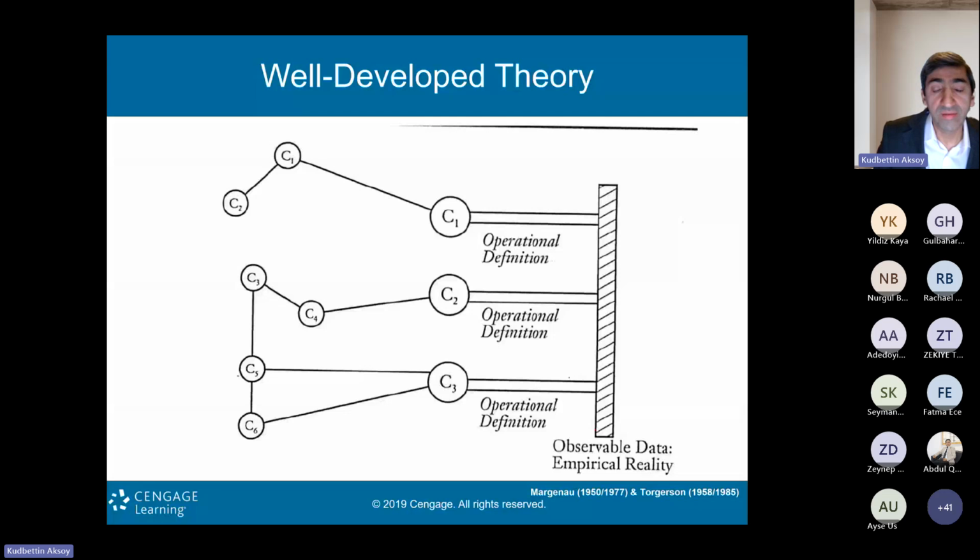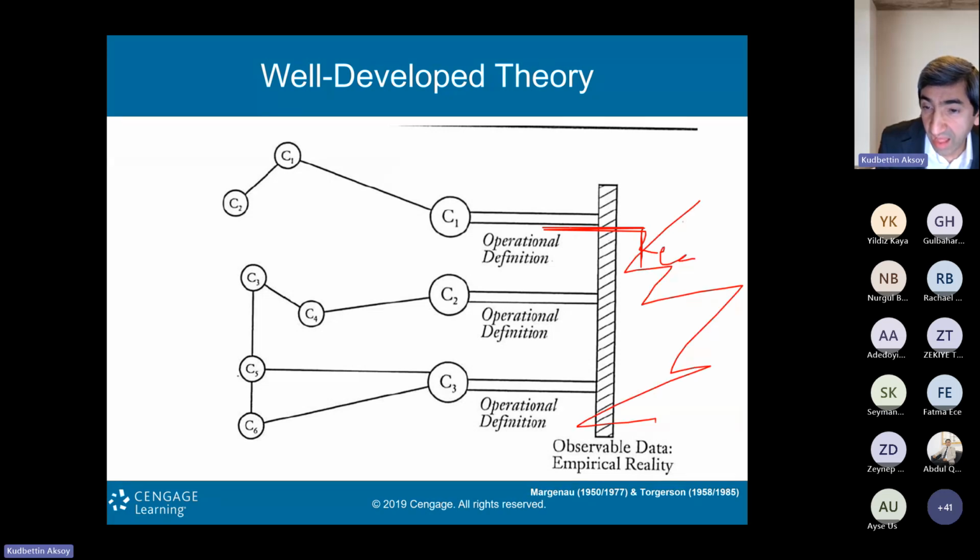So, in natural sciences, physics, chemistry, biology, so on and so forth, we have well-developed, well-established theory. This is the real world here, and our connection to the real world in the theory is pretty strong. You see these strong lines, they are solid, strongly connected to the world.